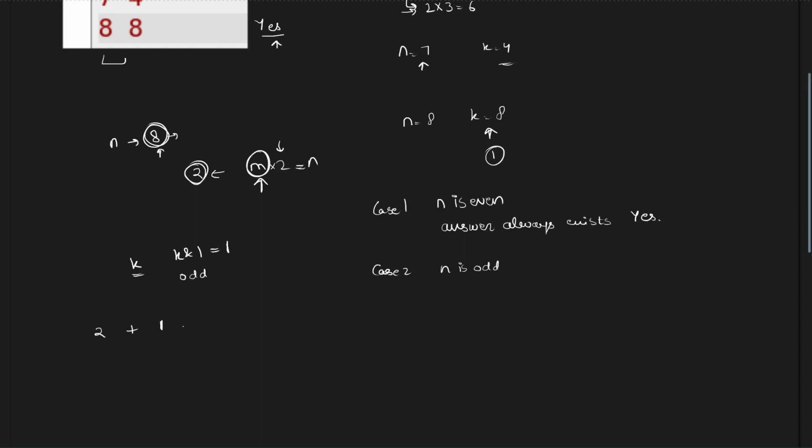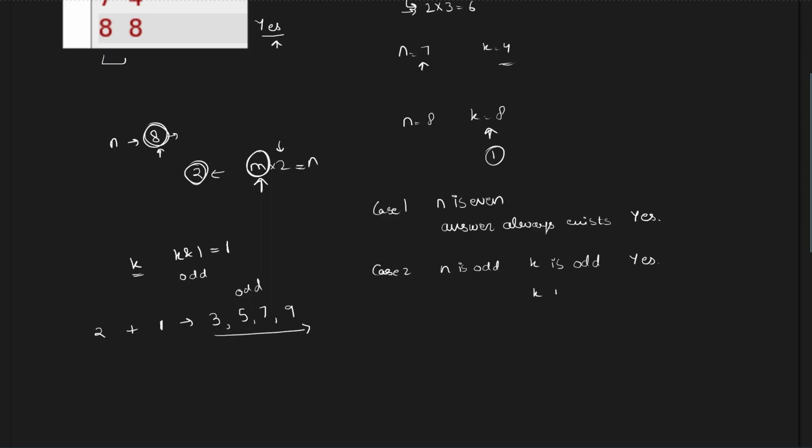If we add these two numbers, we get the next odd number. So it is 3. Then we can again add 2 and get 5, then 7, then 9, and it keeps going. So we can form all odd numbers like this. So if n is odd and k is also odd, the answer would be yes.